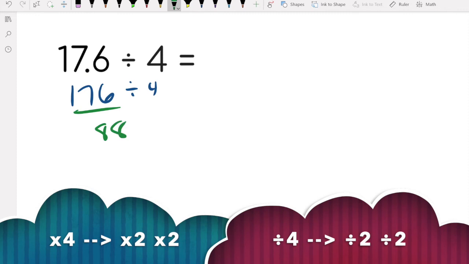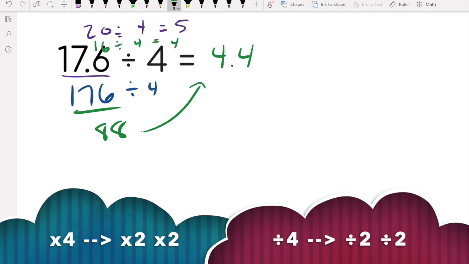And then you cut 88 in half, and you get 44. And then you have to put the decimal back. This divide by 4 has to be a little bit bigger than 4, because 20 divided by 4 equals 5, and 16 divided by 4 equals 4. It's got to be in between those two. So 4.4 is the only place the decimal makes sense.